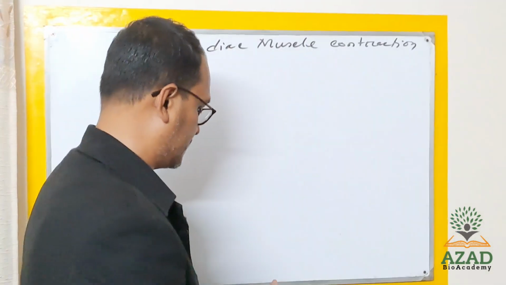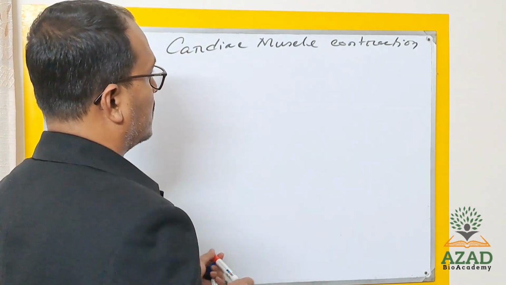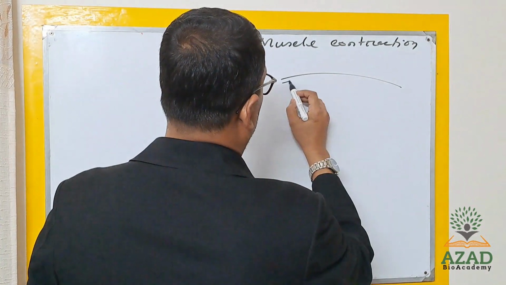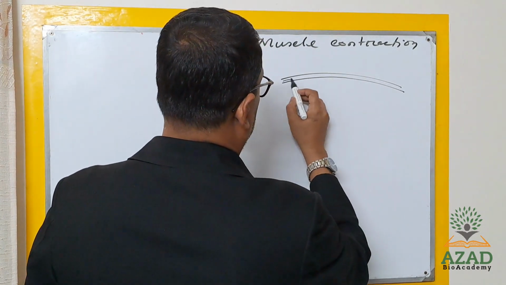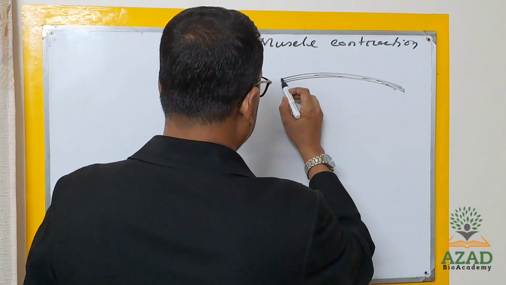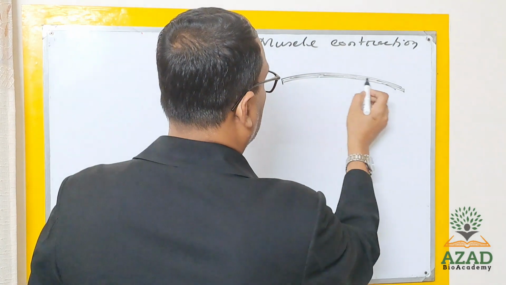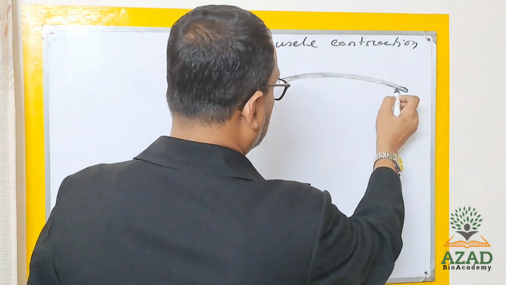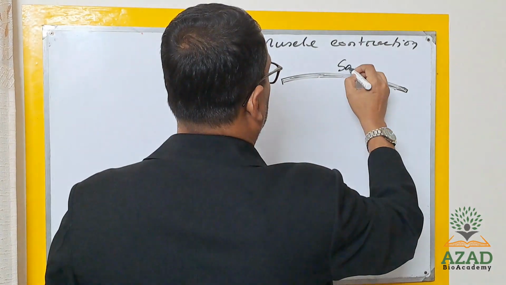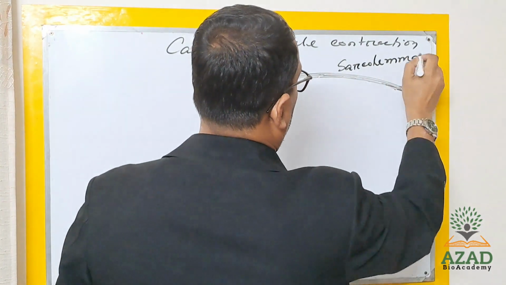So come on here. This is a simple membrane of the cardiac muscle, the cardiac cell, and the name of the cardiac cell membrane is sarcolemma.